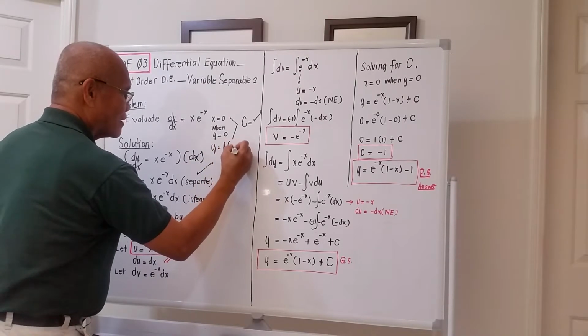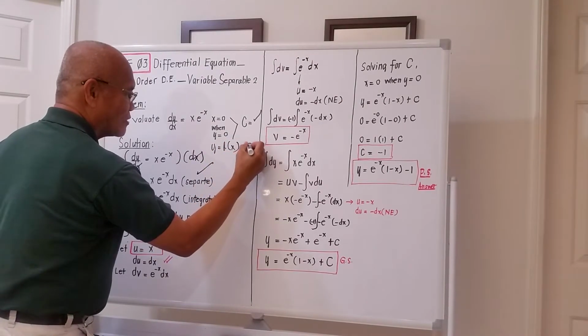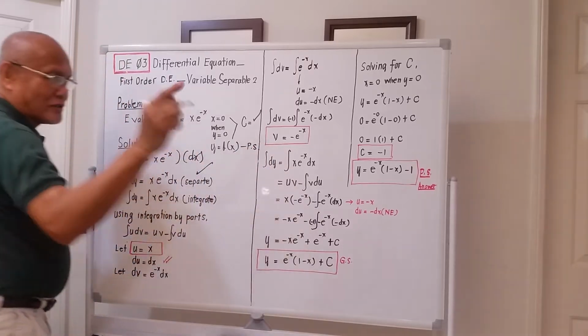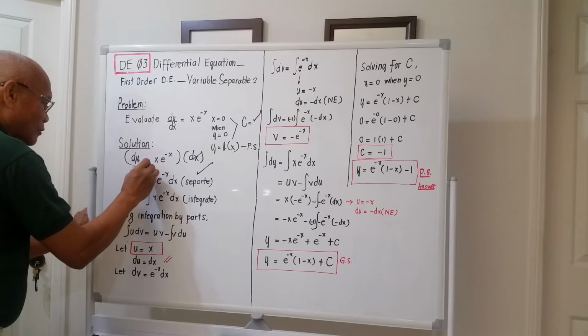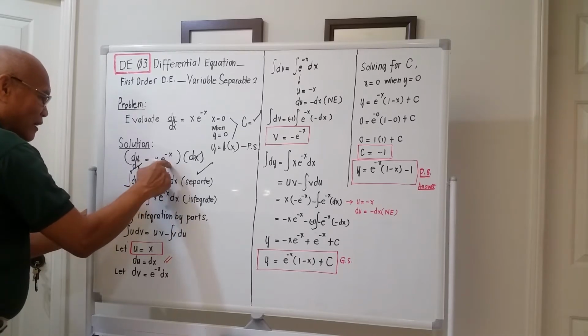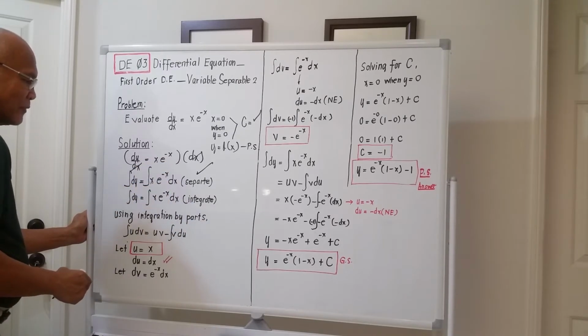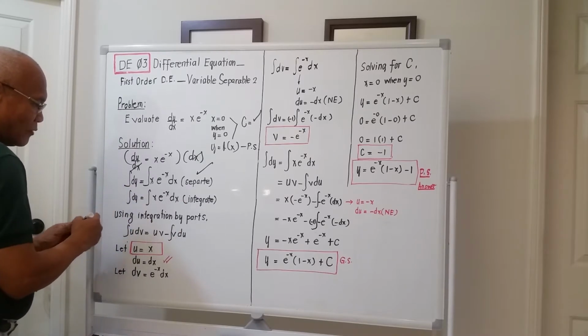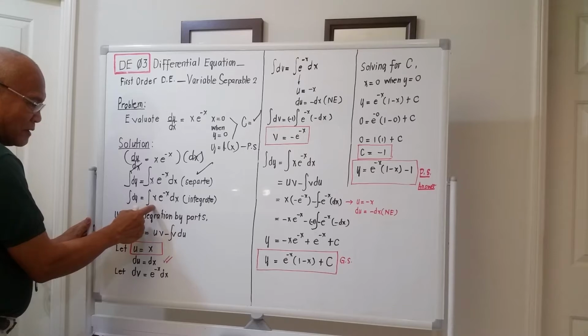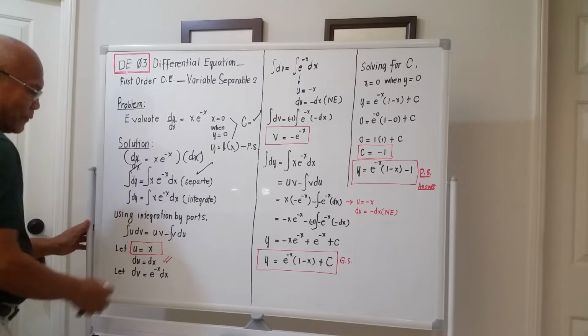Okay, to solve for y as a function of x for a particular solution, we must integrate. So the integral of dy equal to the integral of x e to the negative x dx. Or I will repeat on this line here, the integral of dy equal to the integral of x e to the negative x dx.